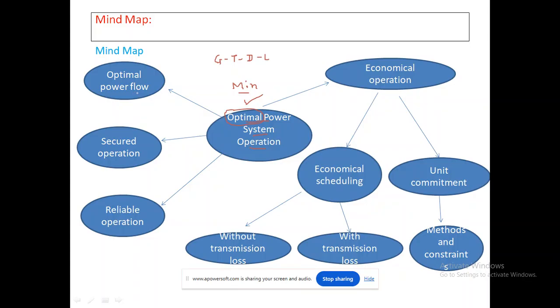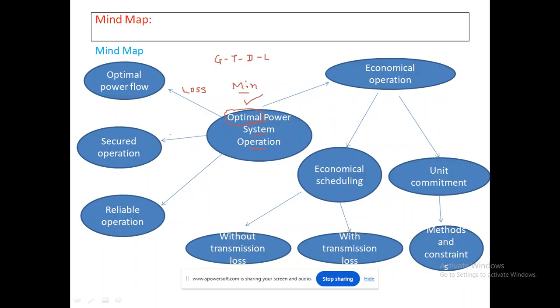The first one is optimal power flow. The objective of optimal power flow is to have the loss minimum, the transmission loss or it may be distribution loss. So the objective of this optimal power flow is minimum loss.